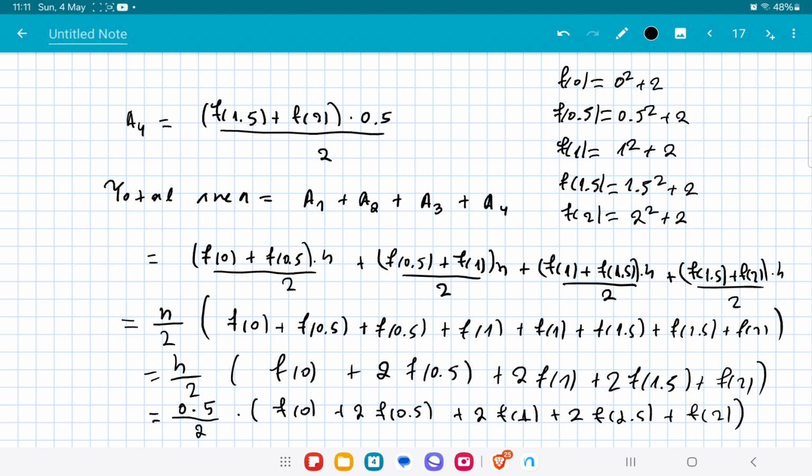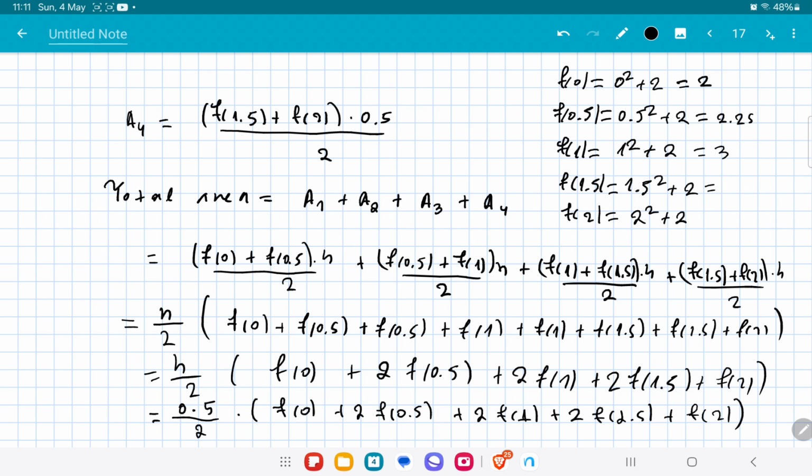Let's find what is f of 0, so it's going to be 2. 0.5 squared plus 2 is going to be 2.25. f of 1 is going to be 3.